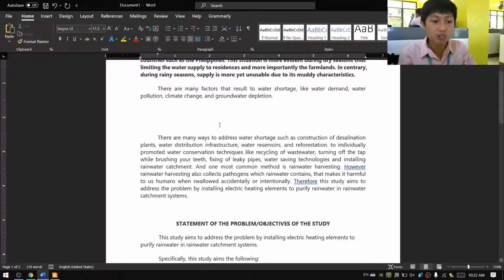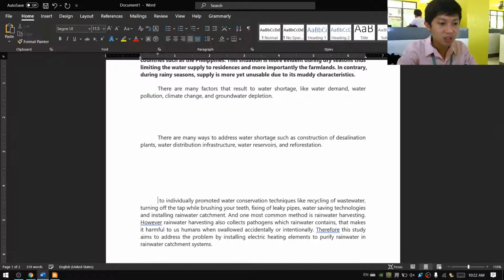Okay, reforestation could be. Okay. You said the ways that you can do. Now that you already said construction of desalination plants, water distribution infrastructure, water reservoirs, and reforestation, which of the following are you going to push?